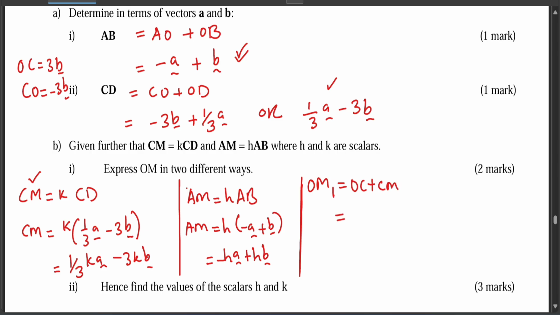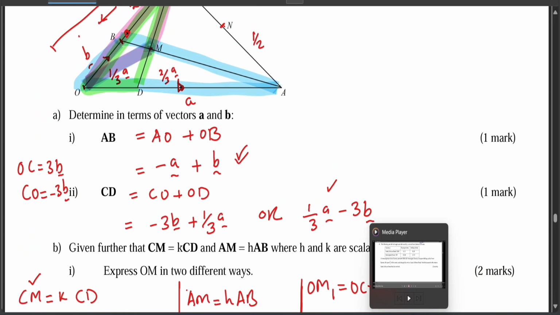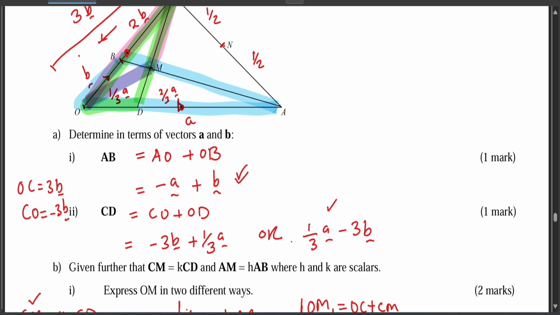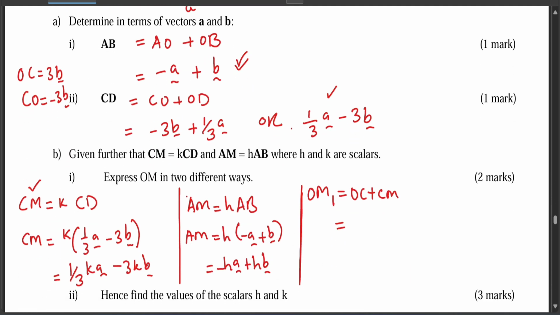OC tayari tumejua. Is it OC? Yeah, OC plus CM. OC yetu tayari tunajua ni 3B. Sawa? Positive 3B. CM yetu pia tumejua. CM yetu tumejua hapa. Tumeambiwa ni hii hapa. So which is a third KA minus 3kb.